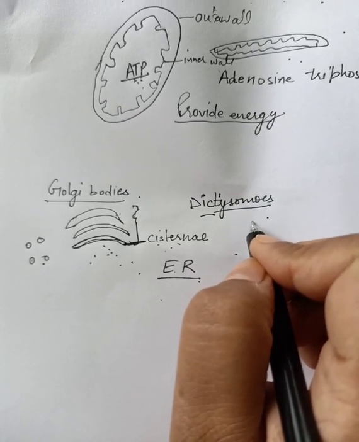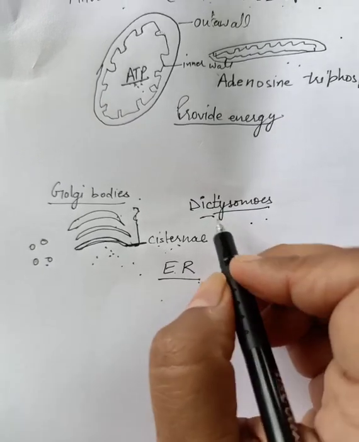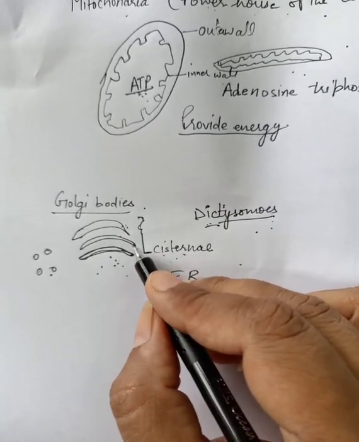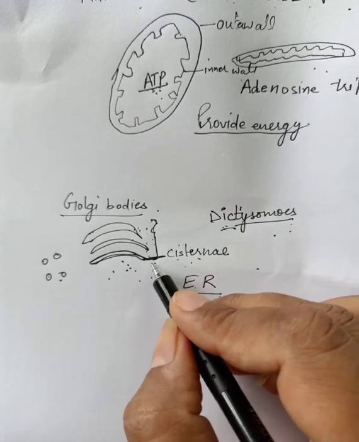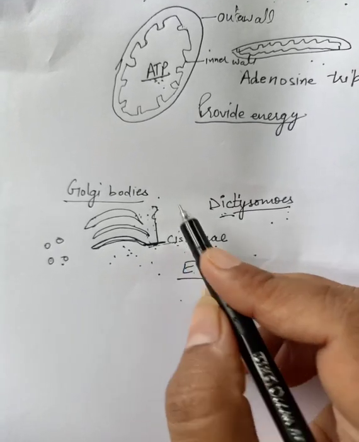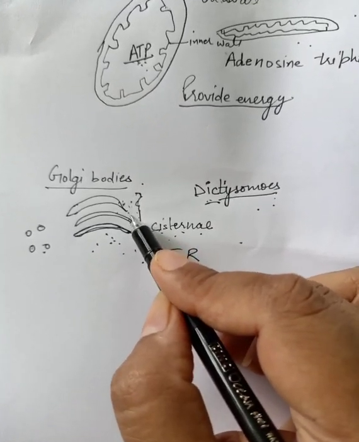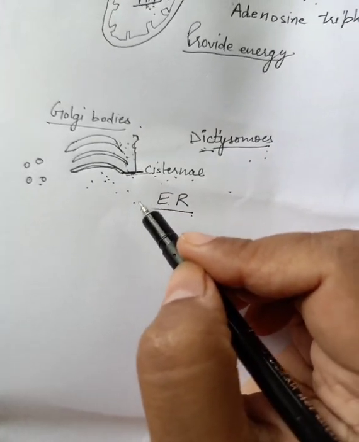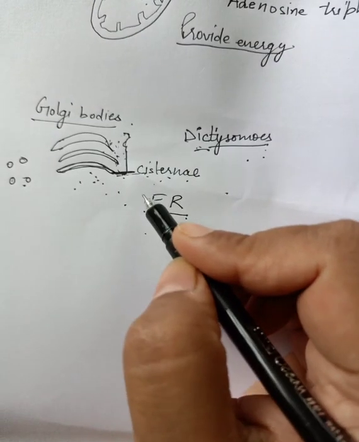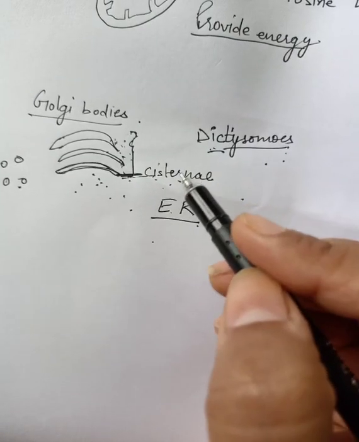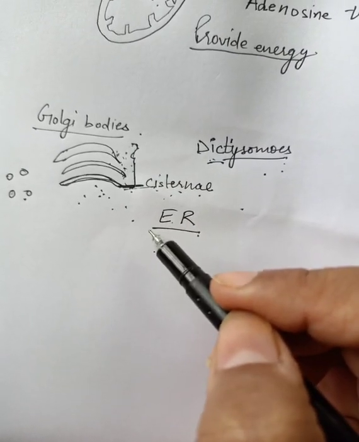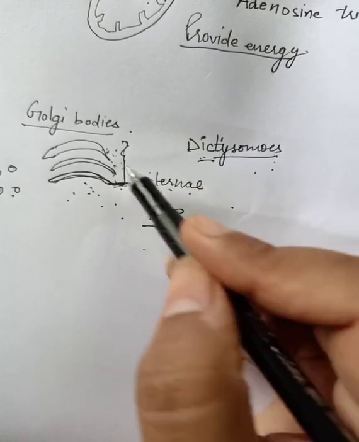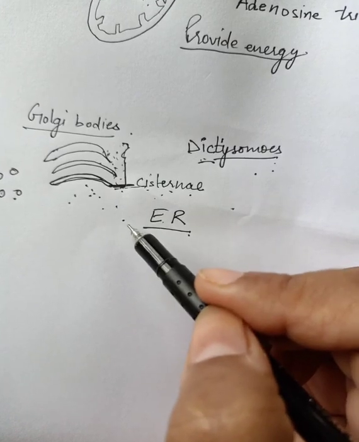Sometimes Golgi bodies are also called dictyosomes because they are stacked one over the other. A single one is called cristini, and when they are present in a group, stacking with one another as parallel pouches and more in number, at that time these are called dictyosomes.